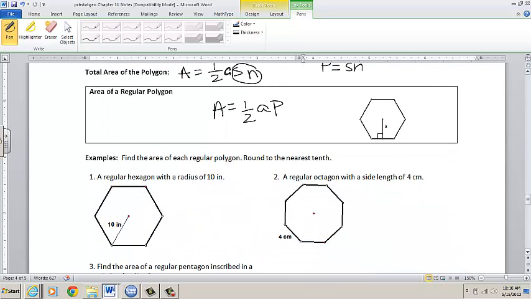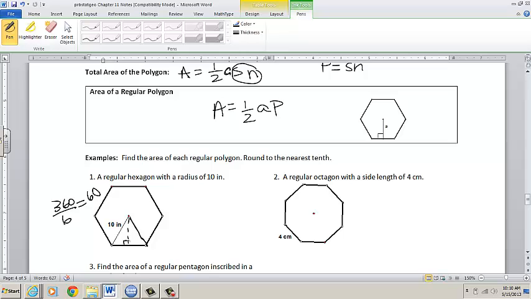So if we try an example here, we're given that the radius of a regular hexagon is 10. So we need to find the apothem and the side length so that we can find the perimeter. We can use central angles to help us find side lengths. Since it's a hexagon, the central angle is 360 divided by 6, so there are 6 central angles, which gets us 60 degrees.